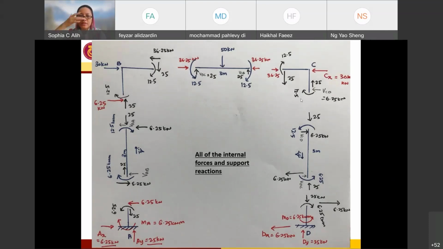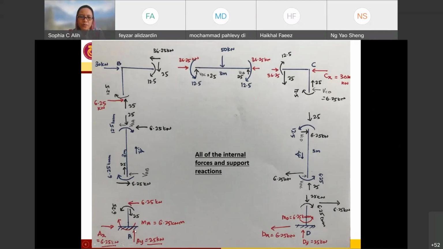Okay, so these are all the internal forces and support reactions that we have already determined using our slope deflection method. And from this diagram, you can see that for support A, we have horizontal support reaction Ax of 6.25 from this direction to this one, and we have Ay of 25 kilonewton pointing upward.